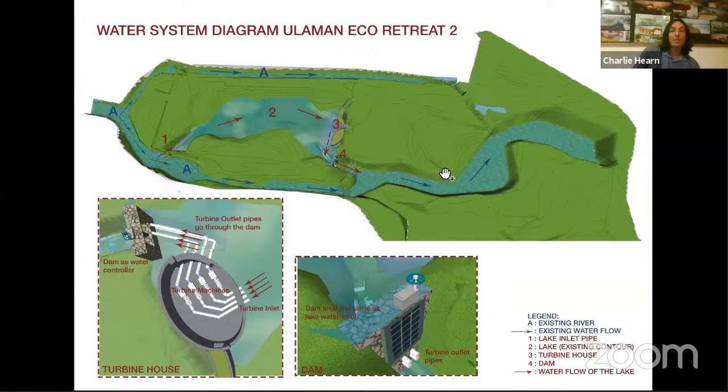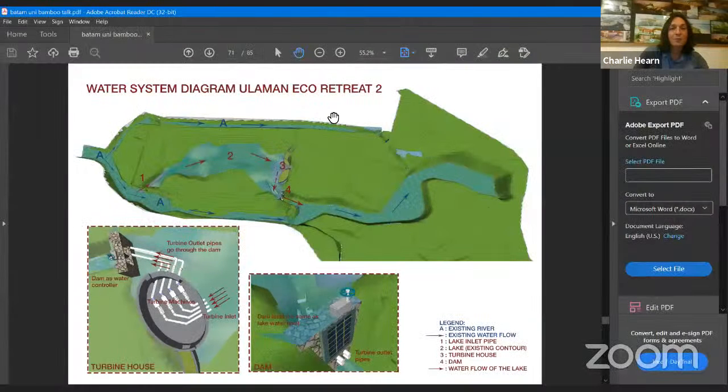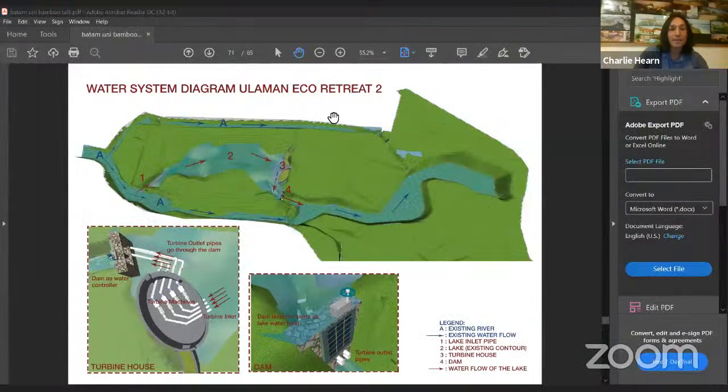So building this lake is part of phase 2. And what I'd like to do, I will show you just a little video of what's happening in part 2.